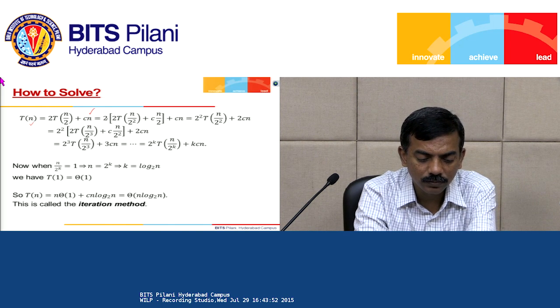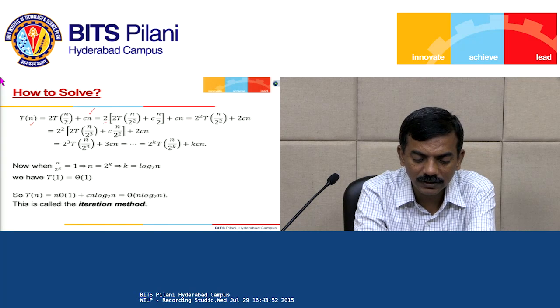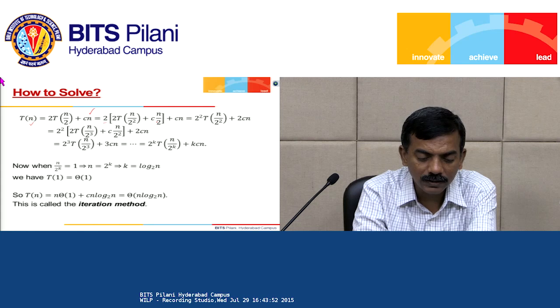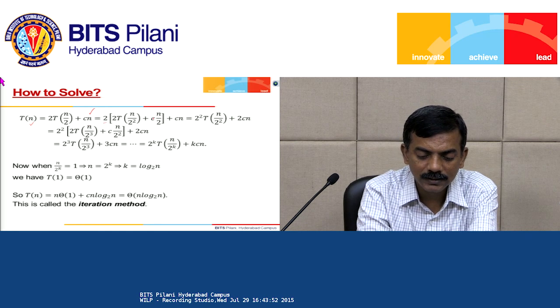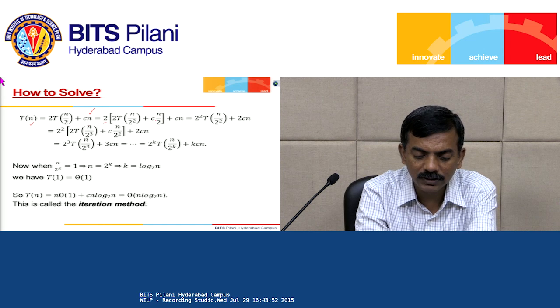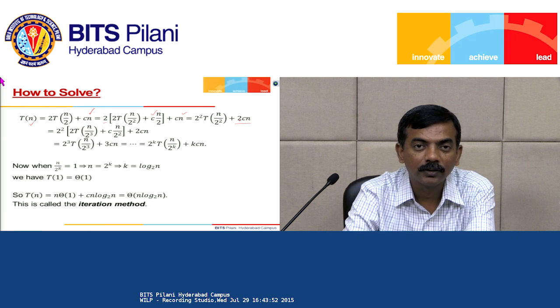So this is twice T(n/2^2) plus Cn/2, plus Cn. If I just solve this, this is 2 squared T(n/2^2) plus Cn/2 times 2, which is nothing but Cn. So this Cn plus this Cn makes it twice Cn.